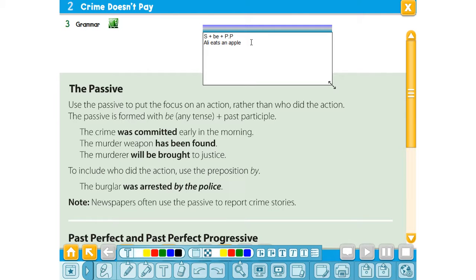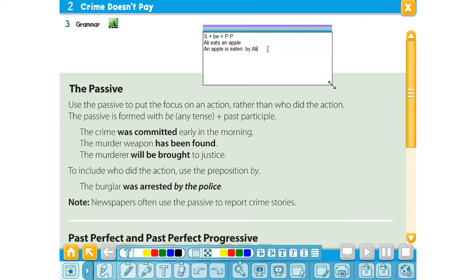We can say an apple is eaten by Ali. As we said, we use the preposition by to include who did the action. If you stopped at an apple is eaten, it's good. It seems to be a good sentence.